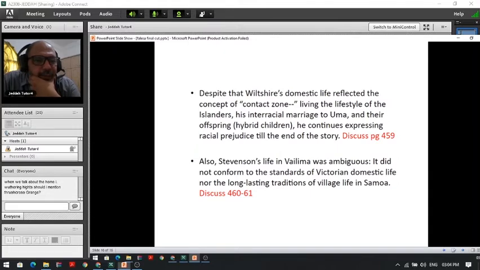And sometimes you have a writer who deviates from the norms, deviates in terms of technique, and deviates in terms of theme.